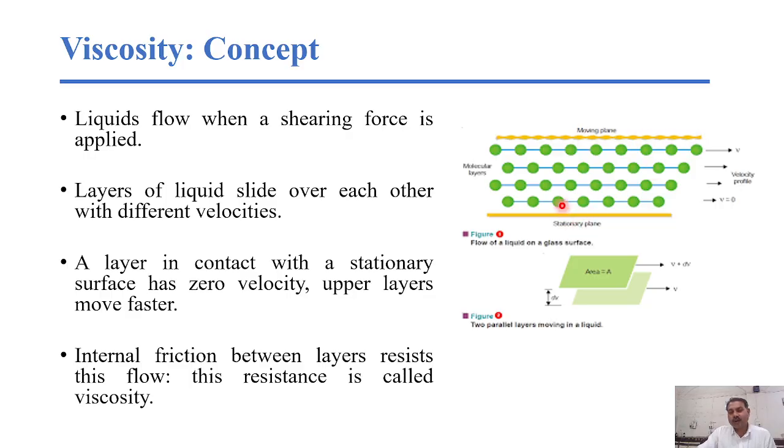So the molecular layer of the liquid which is in contact with the stationary plane has less velocity, that is v equals 0, and the molecular layer which is away from this stationary plane, in contact with the moving plane, has maximum velocity, that is Vmax. So due to difference in velocity between the different molecular layers, a resistance is created. This resistance is called viscosity. That is the frictional force of resistance is called viscosity.